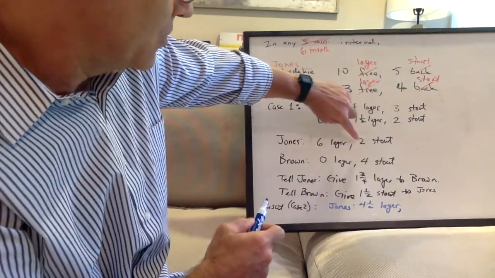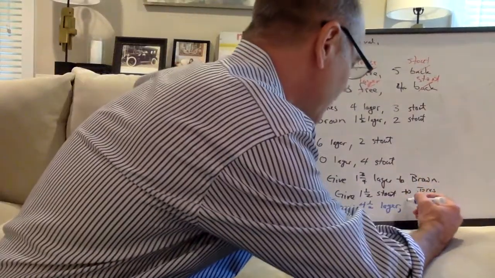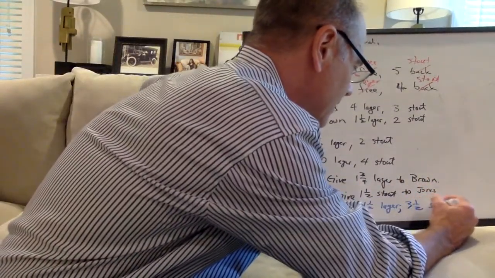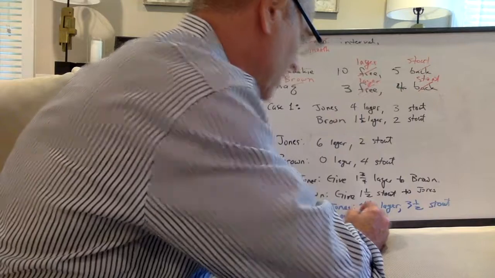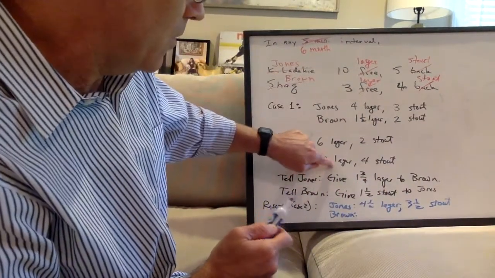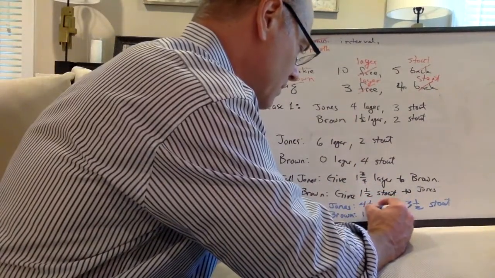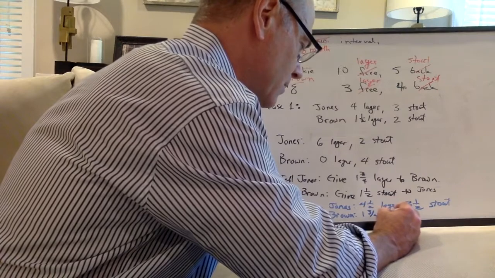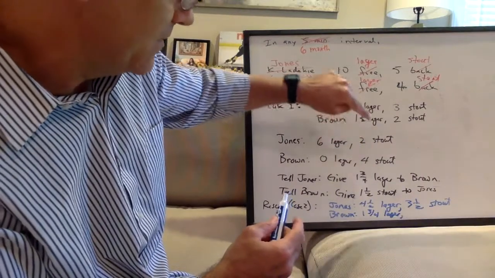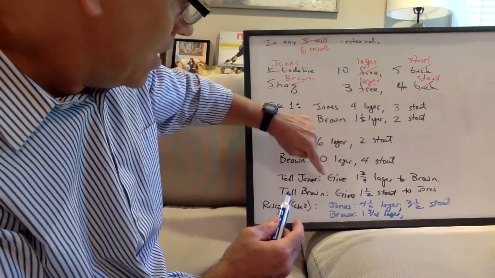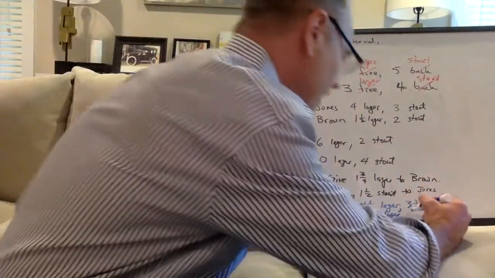Meanwhile, he produced 2 stout, but then Brown gives him 1.5 stout, and he's going to have 3.5 gallons of stout. Meanwhile, Brown starts off with 0 lager, but Jones gave him 1 3/4 lager. And he started off with 4 gallons of stout, but he had to give 1.5 to Jones, so 4 minus 1.5 is 2.5.